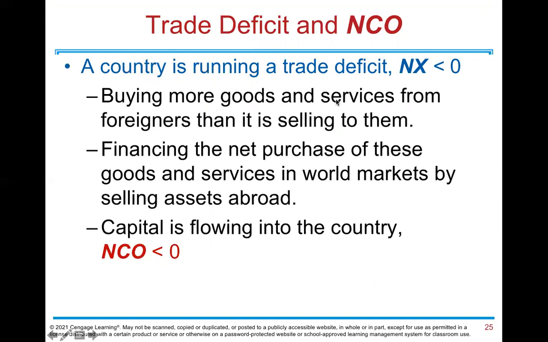That means that if net exports is less than 0, they're financing the purchase of stuff by selling assets, right? They're selling assets abroad, and that's how they're financing the purchases of these net exports. And this is the example of the US. We're saying that US net exports is less than 0. That means that the US must be selling some of their assets to finance those net exports.